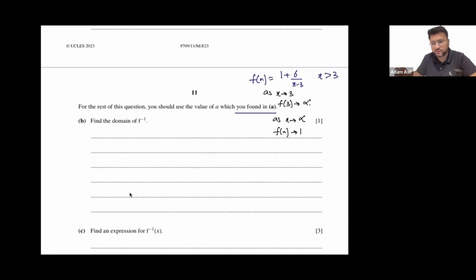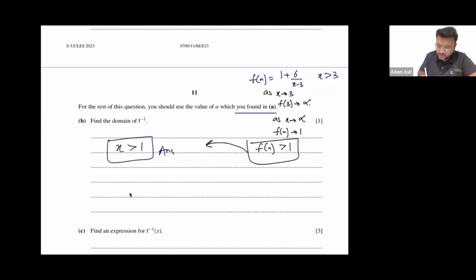When you decrease the value of x towards 3, it approaches infinity. So the range of f of x should be greater than 1. If the range of f is greater than 1, then the domain of the f inverse function should be greater than 1 as well. Okay, that's the working for part B.